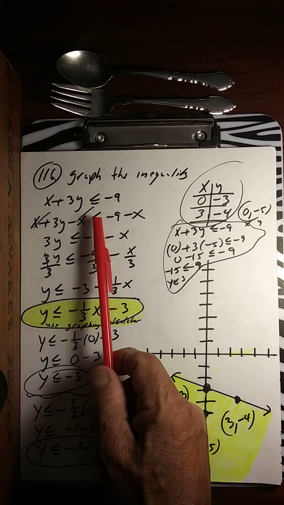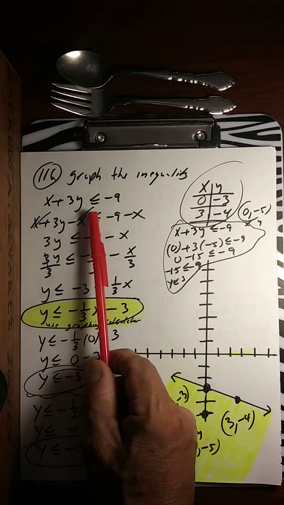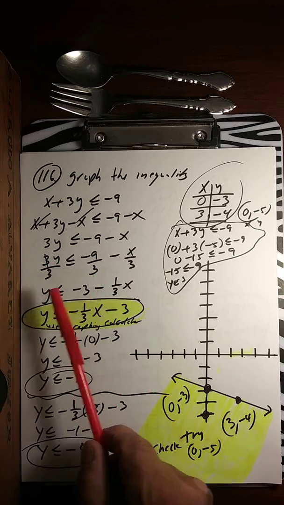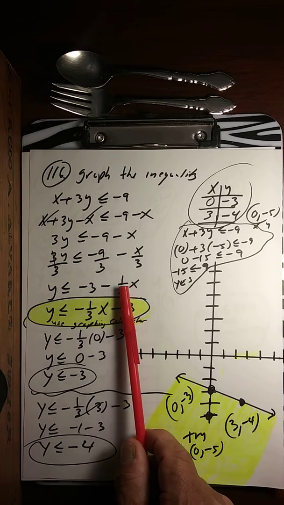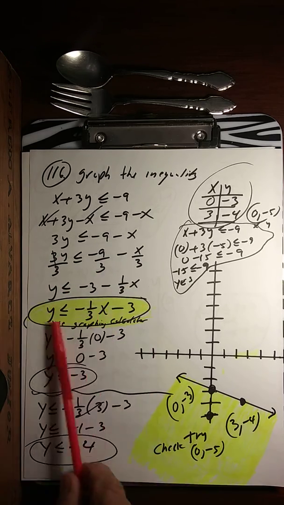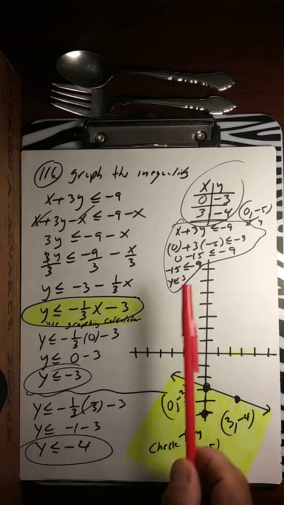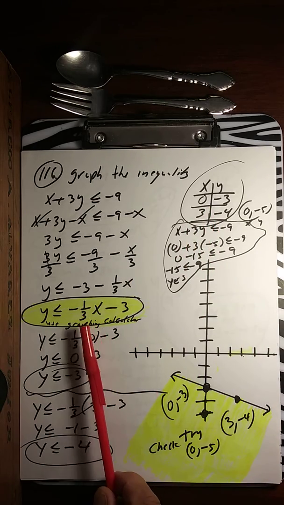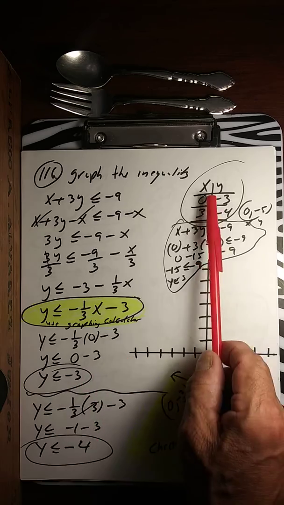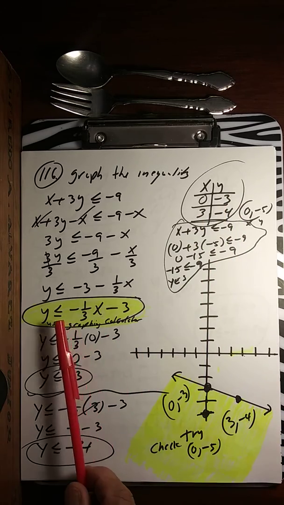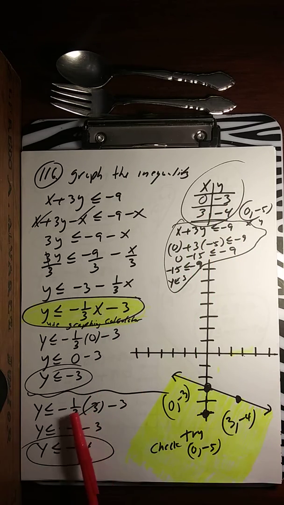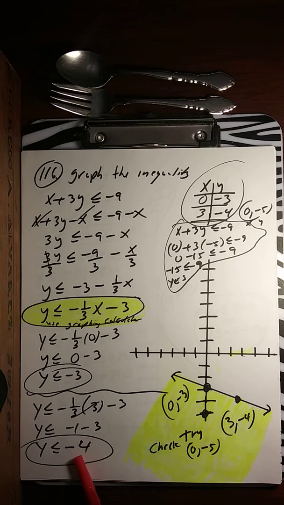Let's solve this one for y. Minus x, minus x. So divide by 3, divide by 3. So y is less than or equal to negative 3 minus 1/3 x. Flip it. Let's just put some numbers. 0 times that is 0, minus 3, negative 3. And put 3 in there. It's going to be 3 times that. These are gone. So negative 1, negative 3 is negative 4.